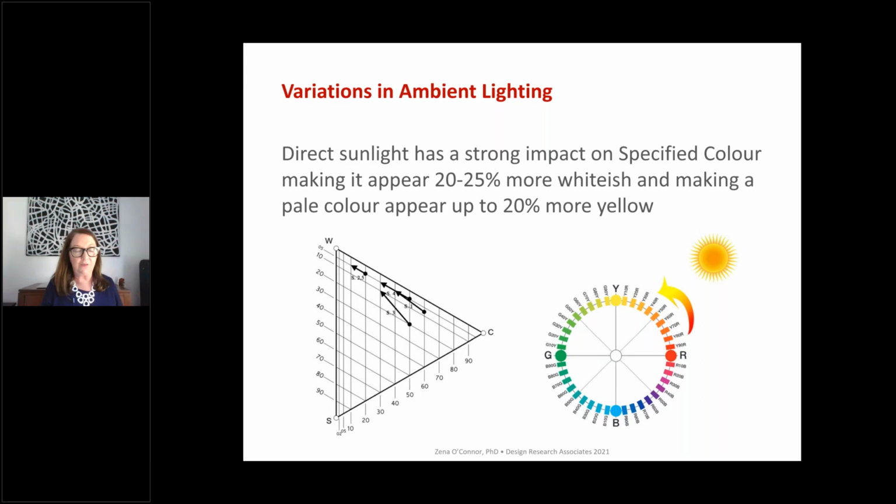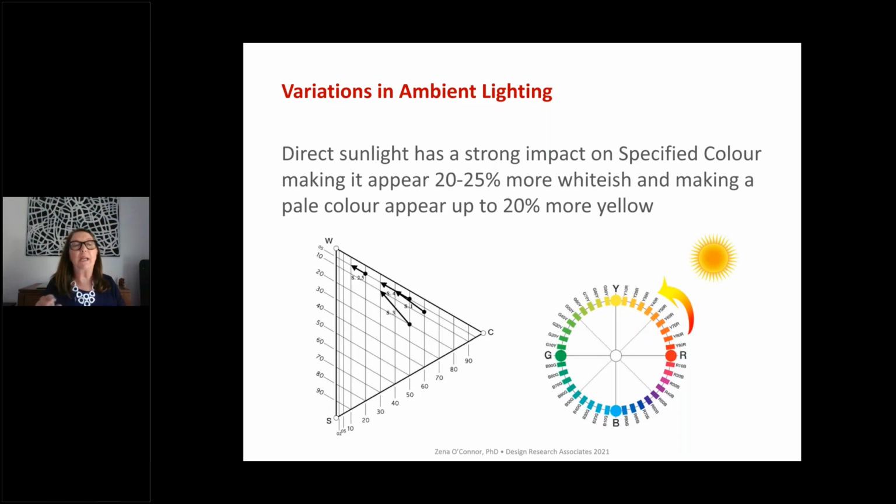That is, it's relatively high in saturation. In this particular diagram, which has been taken from the research, W at the top of the diagram represents whiteness, while S down the bottom of the diagram represents blackness. And C to the far right of the diagram represents chromaticity or saturation, the purity of colour.